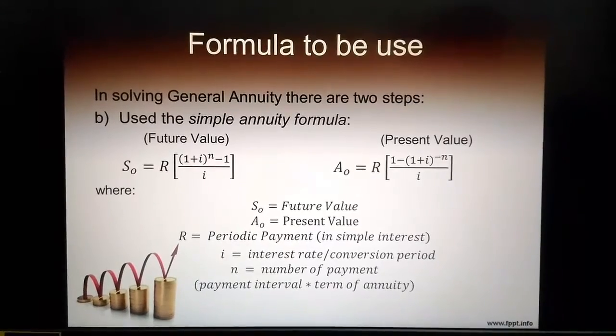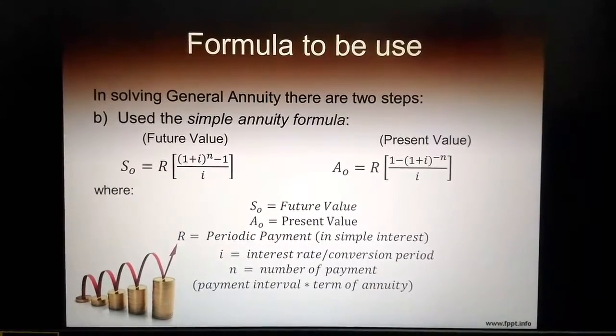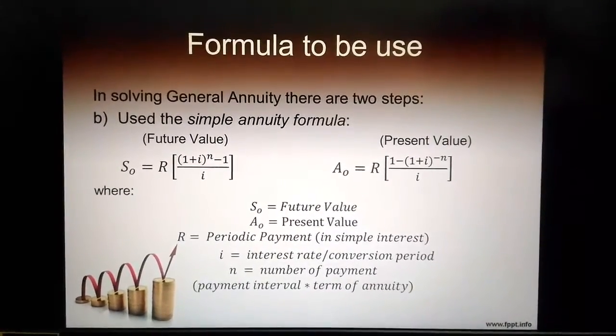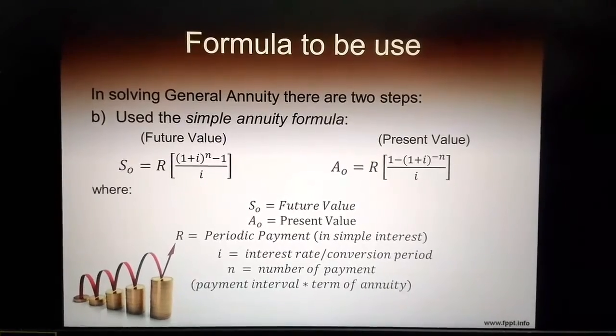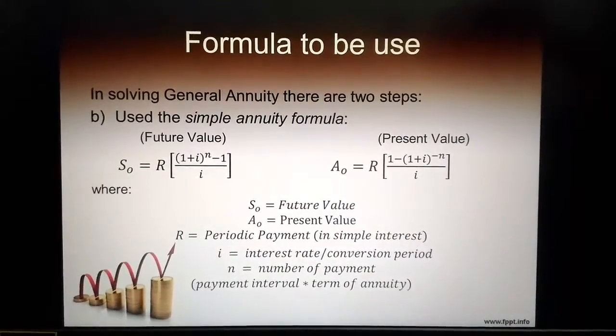Whereas our S is our future value, our A is our present value, our R is periodic payment in simple annuity, I is our interest rate divided by conversion period, our N is the number of payment intervals times term of annuity.